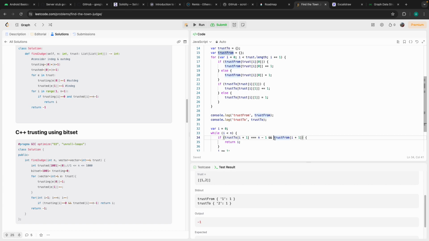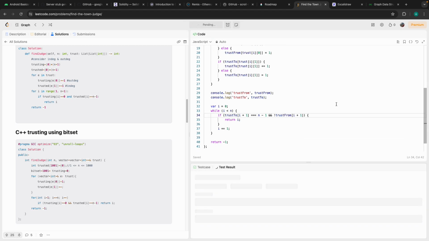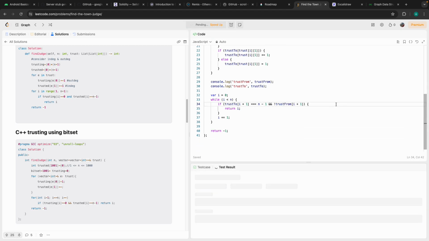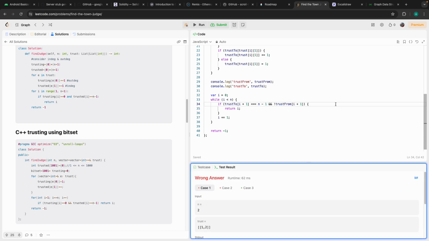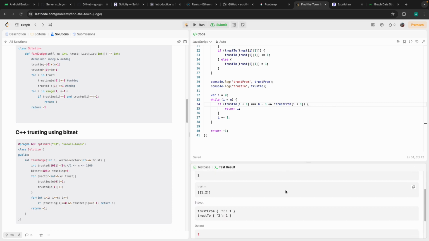As it's JavaScript, we can write this like so, and it should work. Let's start from 1 as an example.